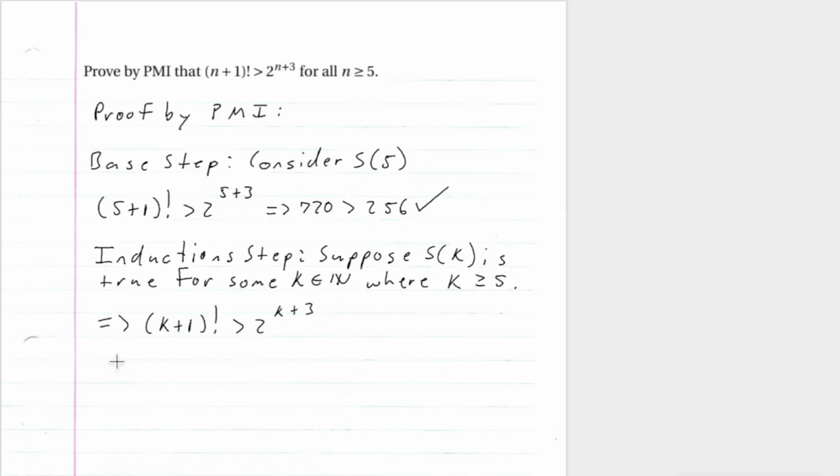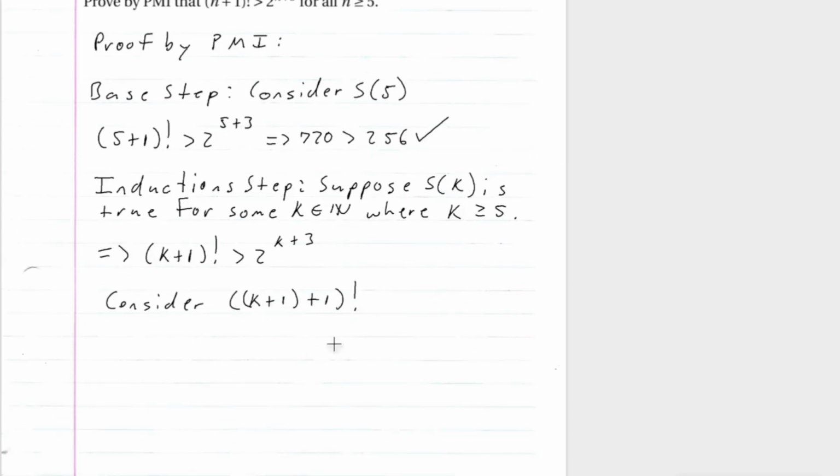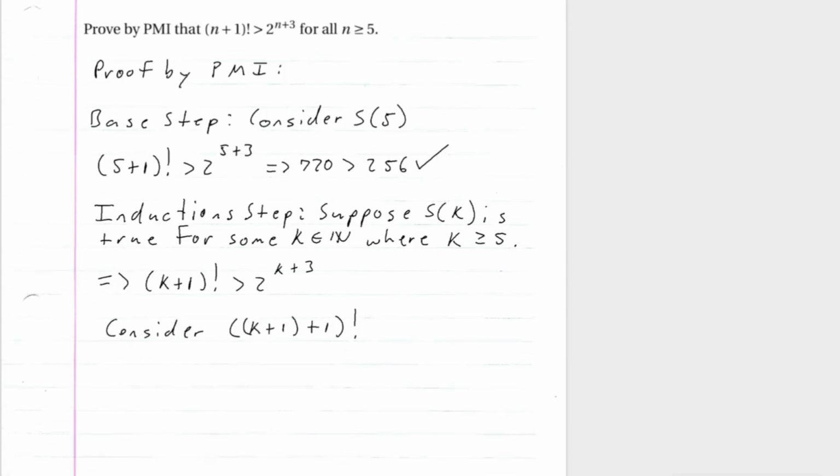So let's go ahead and consider k plus 1, right, plus 1 factorial. Right, where the k is, we're going to plug in k plus 1. Now, this is equal to k plus 2 factorial, right?